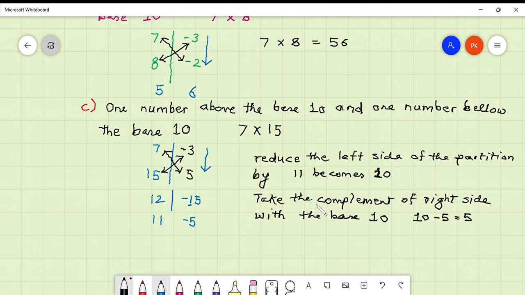So the left side is 10 here, and the right side complement is 5. So finally you'll get 105. So 7 into 15 is 105. Thank you, students.